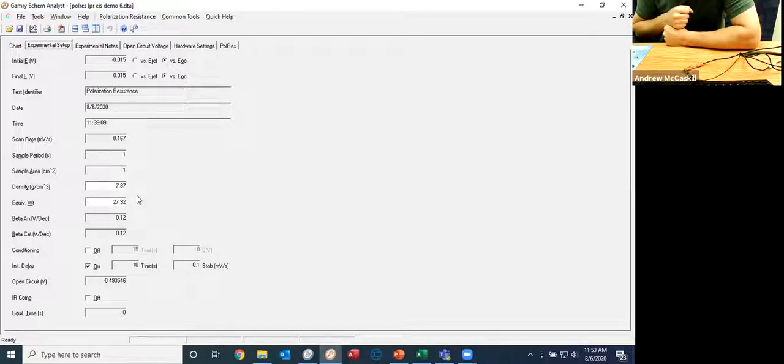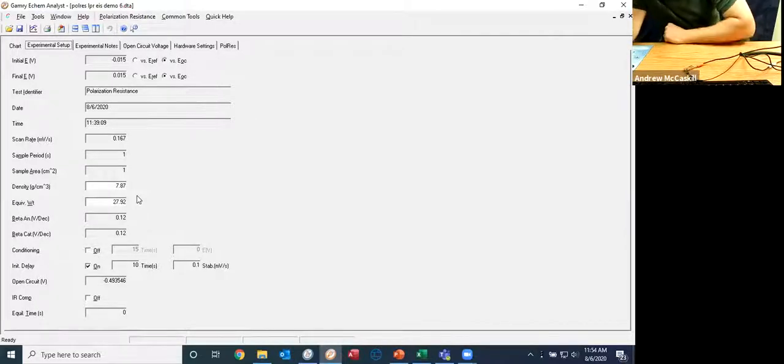Yes, that's correct. If it's a pure material, that's very simple. But if it's a composition of titanium with some kind of aluminum in there, then yeah, you'll have to know what those are.